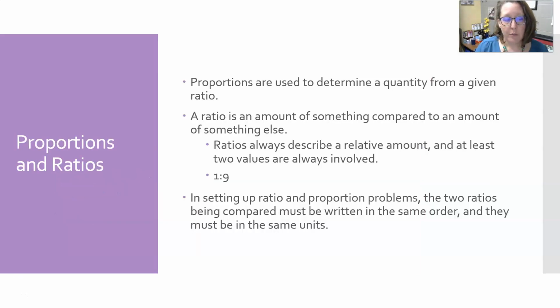Okay, so quick review on proportions and ratios. This was from the previous video. Proportions are used to determine a quantity from a given ratio, and a ratio is an amount of something compared to an amount of something else. Ratios always describe a relative amount and at least two values are always involved.